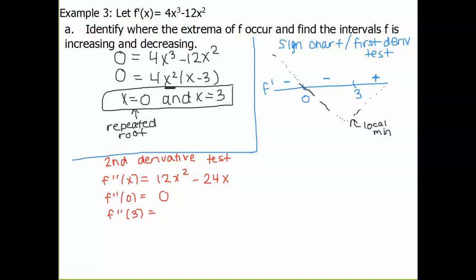And then 9 times 24 is like in the 170s. So 108 minus 170 makes this number a negative. And again, I don't really care what the number is. I just need to know its sign. I just had that wrong. 3 squared is 9, 9 times 12 is 108. No, it's negative.